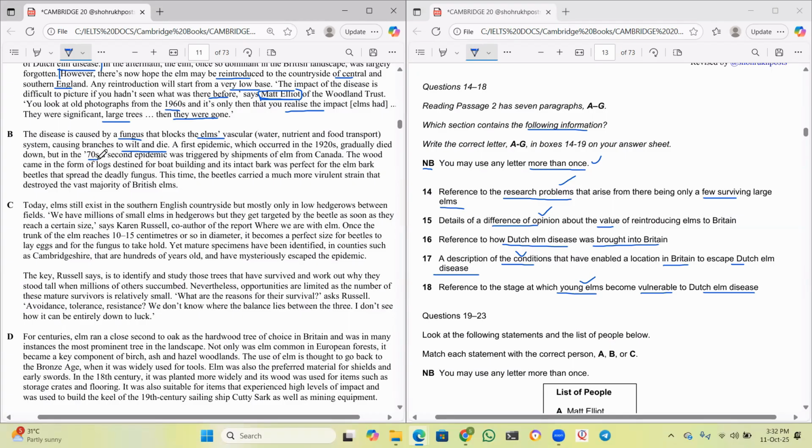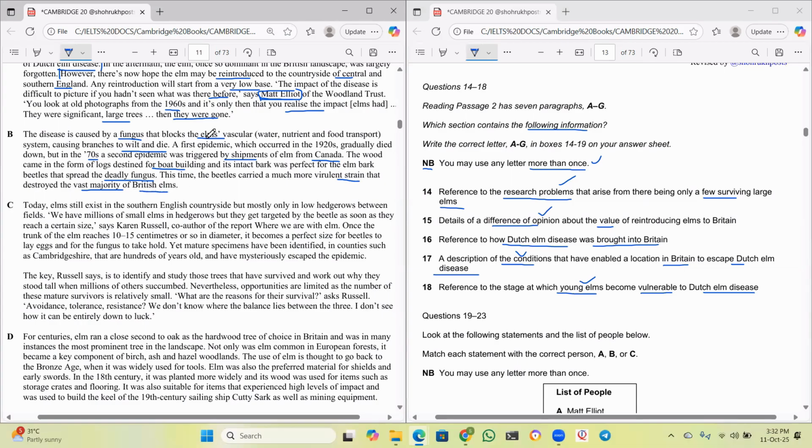But in the 70s, a second epidemic was triggered by shipments of elm from Canada. The wood came in the form of logs destined for boat building, and its intact bark was perfect for the elm bark beetles that spread the deadly fungus. This time the beetles carried a much more virulent strain that destroyed the vast majority of British elms.